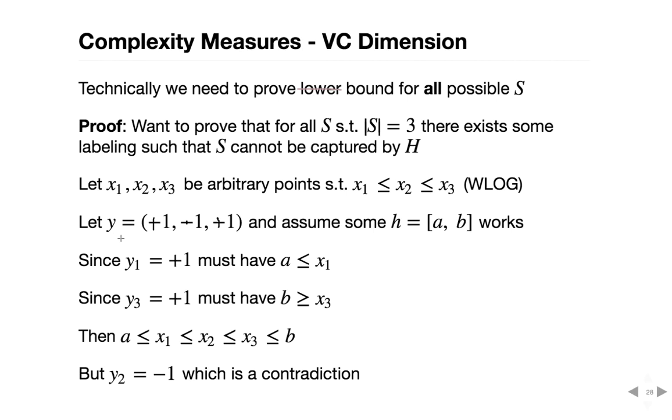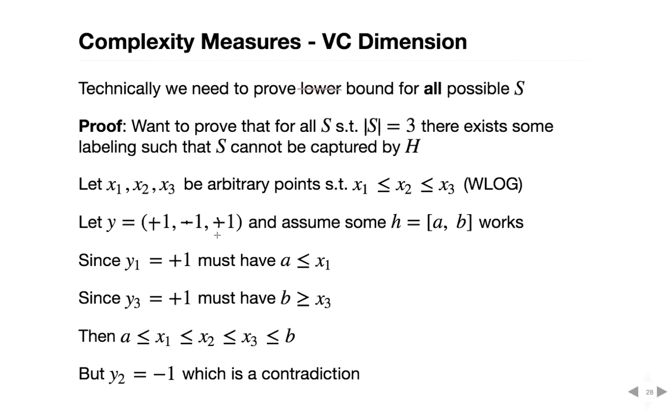And so I'm going to consider the case from the previous example that I showed in the picture, where I consider the labeling +1, -1, +1. And assume that I've got some h, which is the interval from a to b, that I think works, and now I'm going to show that it doesn't really work. Since y1 is +1, in order for x1 to be in that interval, it must be the case that a ≤ x1.